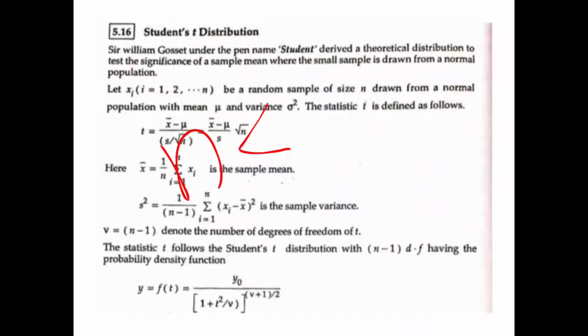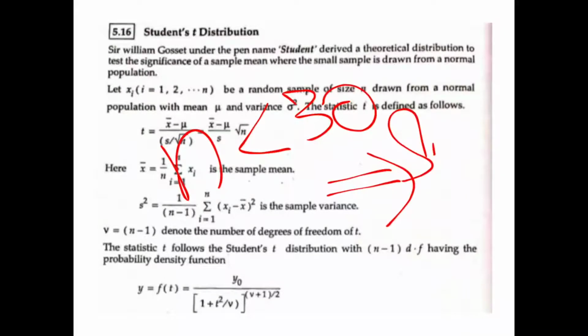If n is less than 30, then the sample is said to be a small sample. We have two important tests for small samples: one is Student's t distribution or Student's t test, and another one is the chi-square test. So let us see Student's t distribution in this particular video.